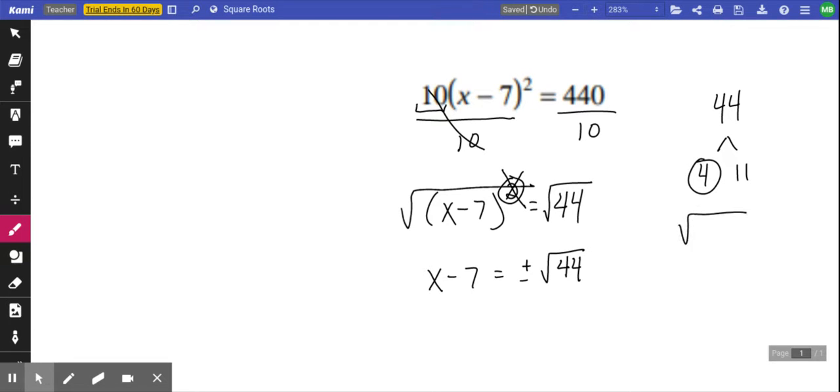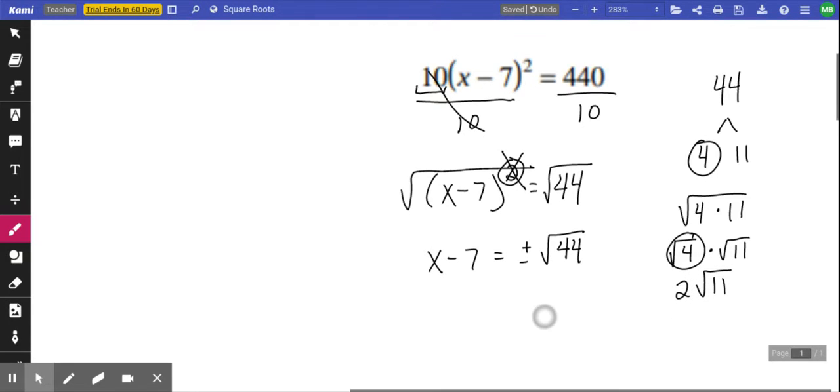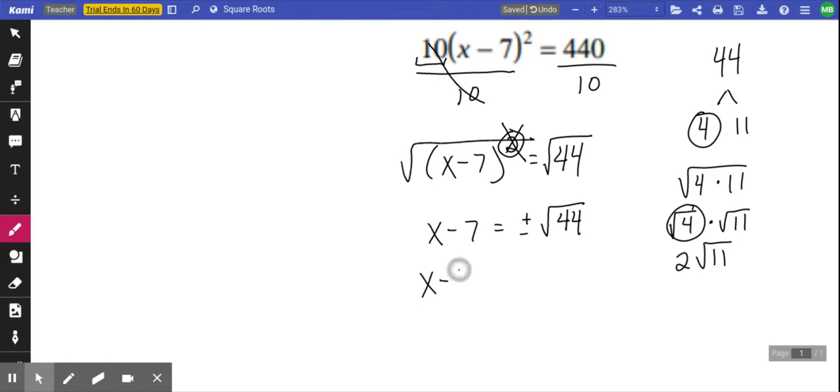So if I have the square root of 4 times 11, that's the same thing as the square root of 4 times the square root of 11, and the square root of 4 is just 2. So that simplifies to 2 square root of 11. So now I have x minus 7 is equal to the positive and negative of 2 square root of 11. Next, I want to take care of this minus 7.